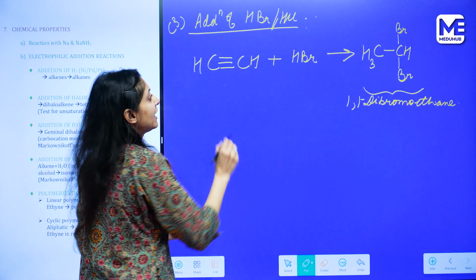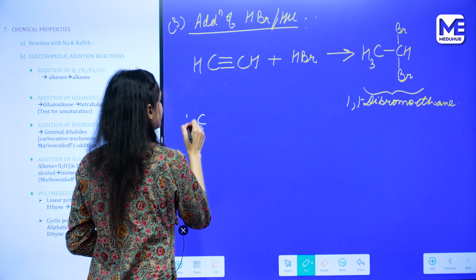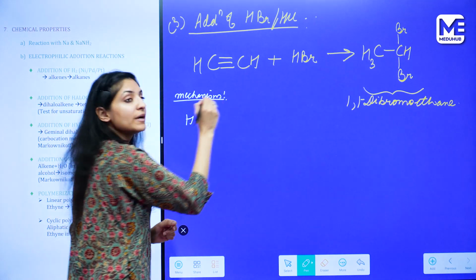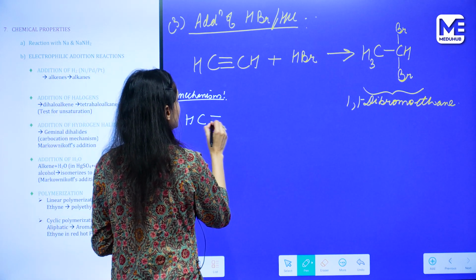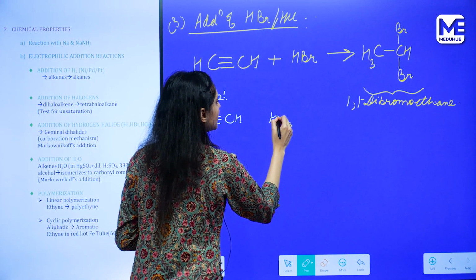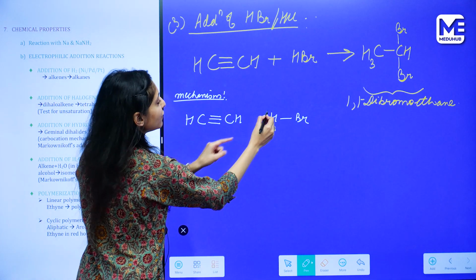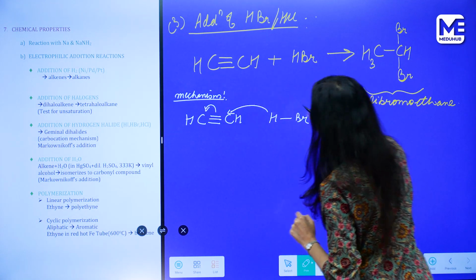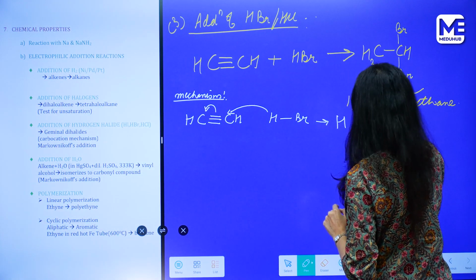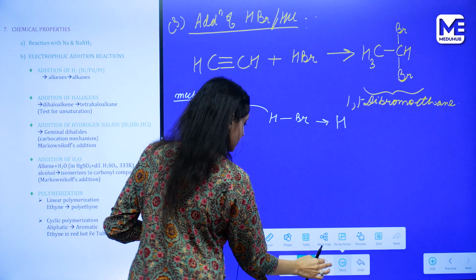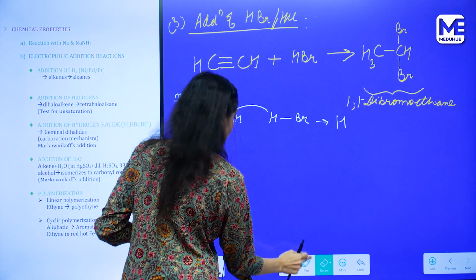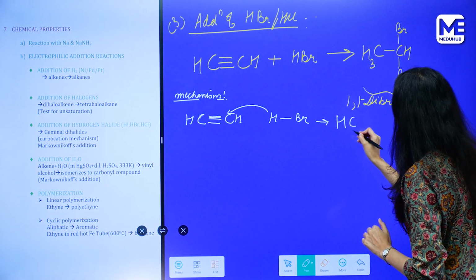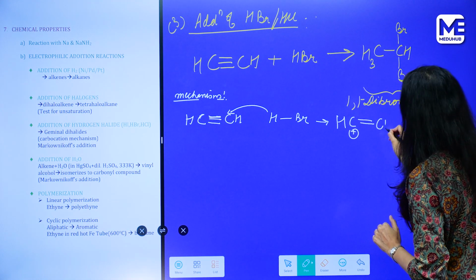Now, why do we get geminal dihalides? Let us look at the mechanism. The mechanism is a carbocation formation mechanism. So, in the first step, we have HBr. This hydrogen gets added onto here, and this bond moves here, and here double bond CH2.